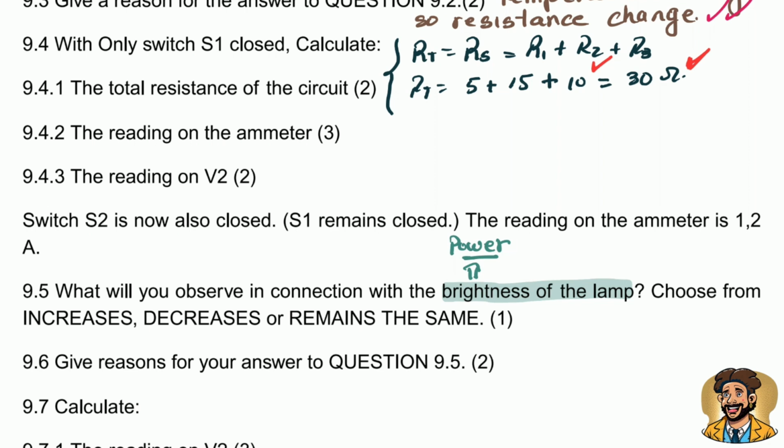The power of that specific light bulb is the one that affects the brightness of the light bulb. The formula for power that we can apply here is current squared multiplied by the resistance. If you notice, R is constant. So the power will depend on what happened to current there.